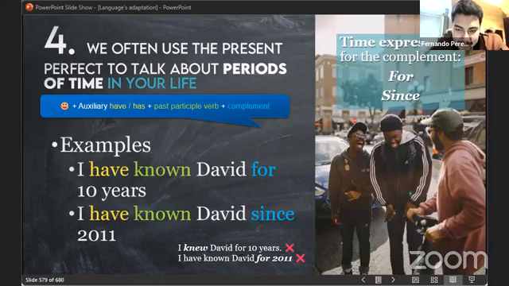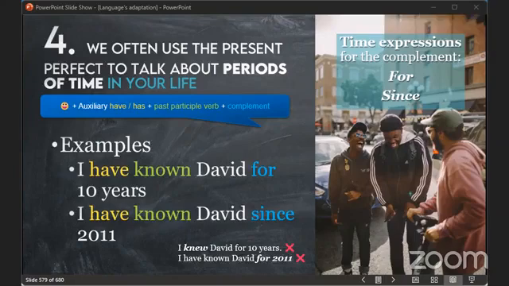Okay, now let's talk about the same example, but now with since.